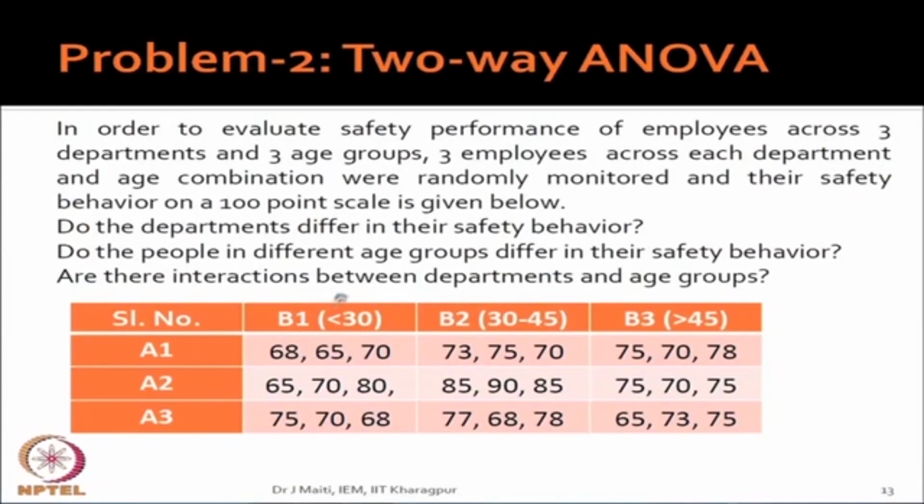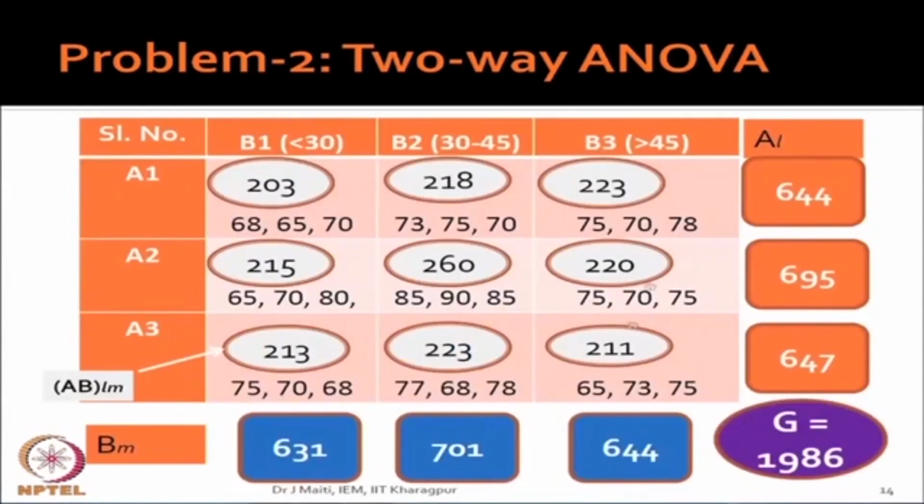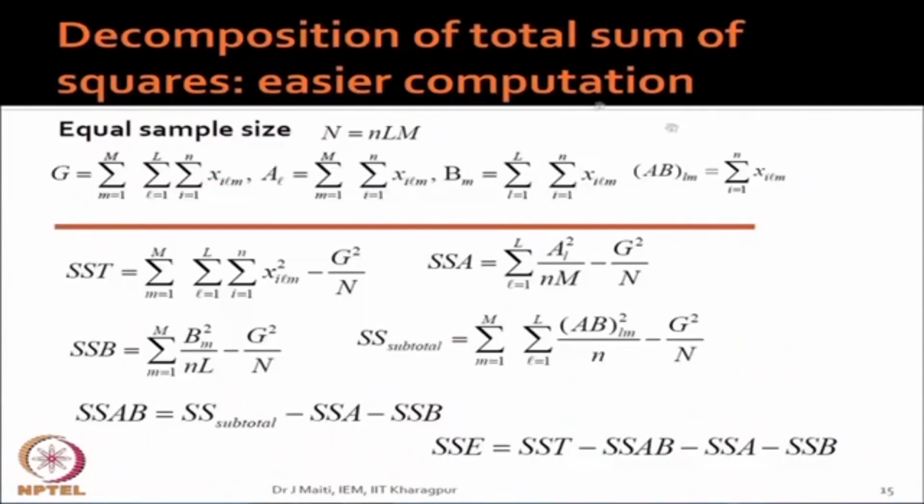We have discussed this and seen this table, and also discussed the computational formulas for computation of SST and its subcategories from the sources of variation point of view.